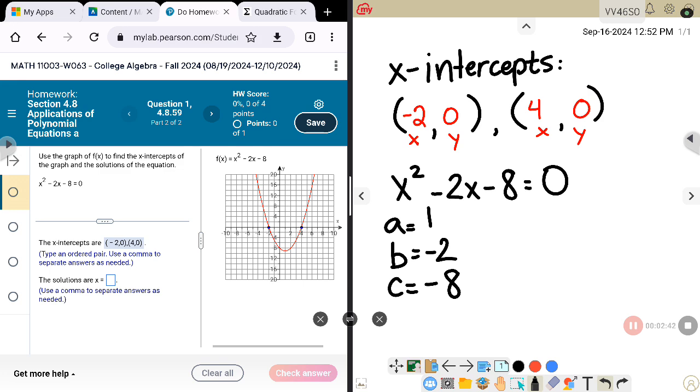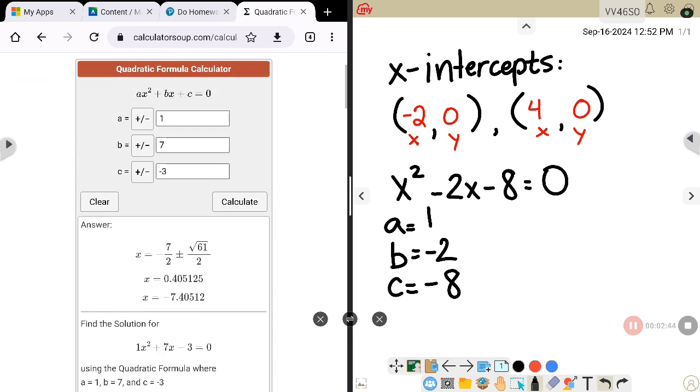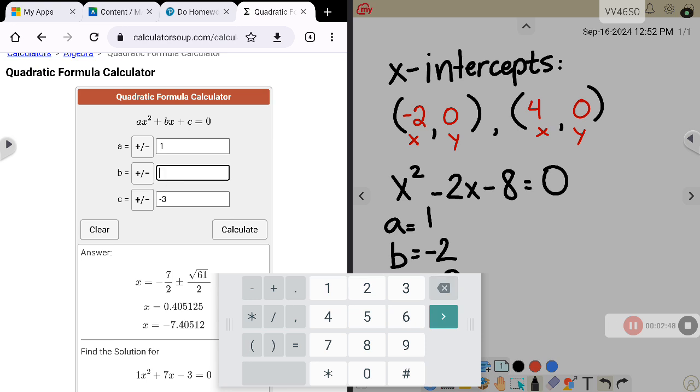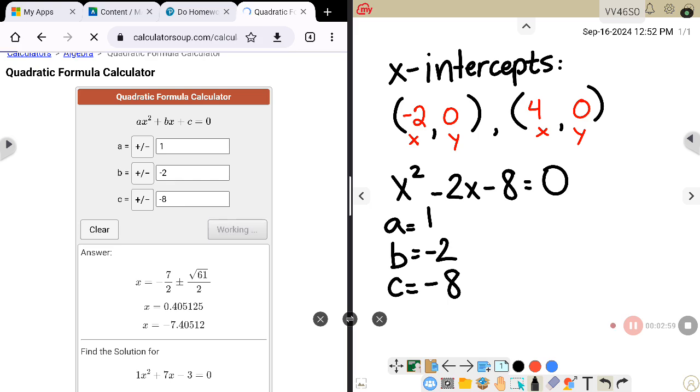So let's put that in our quad calculator. A is 1, B is -2, and C was -8. And then calculate.